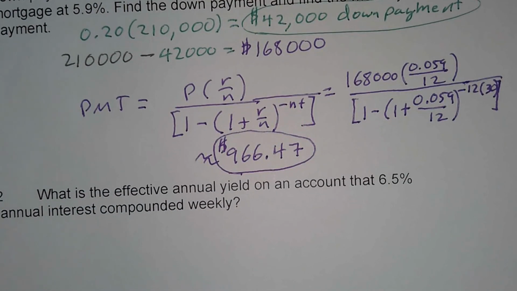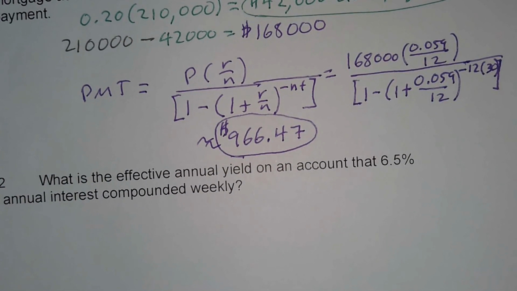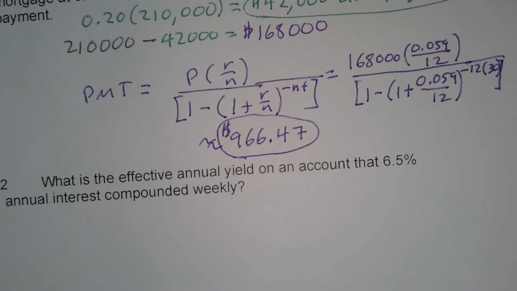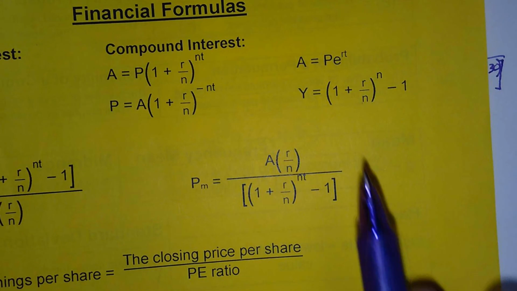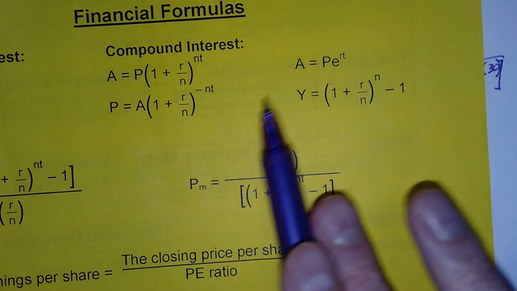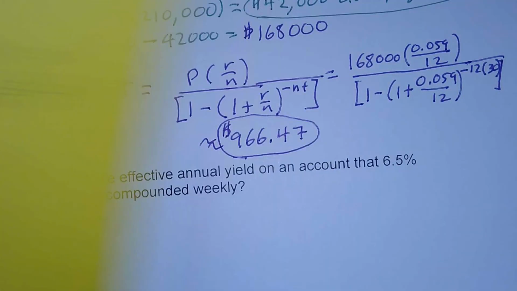Alright, let's take a look at the last one. What is the effective annual yield on an account that has 6.5% interest compounded weekly? So again, we're talking about compound interest, but we don't have much. All we have is N and R. That's the only choice we can use.